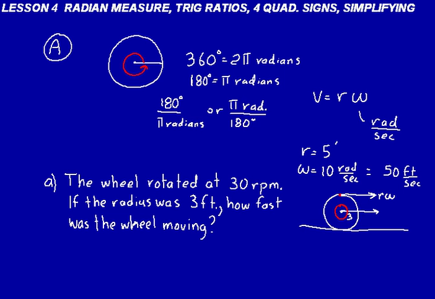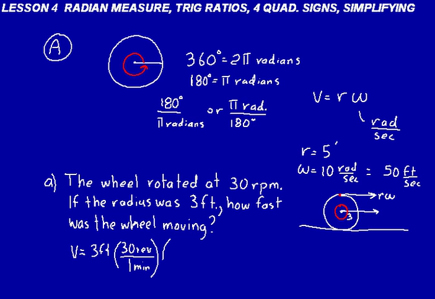We need to solve for how fast it was moving. That would be velocity is equal to 3 feet, and we'll just do this in units of feet per minute. So 3 feet times omega of 30 revolutions in 1 minute. Now, we need radians and not revolutions.